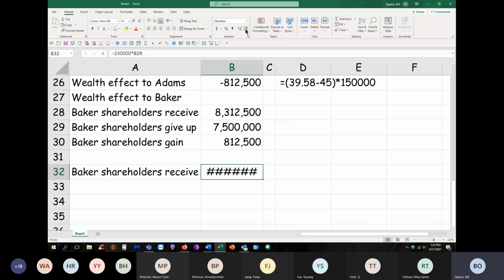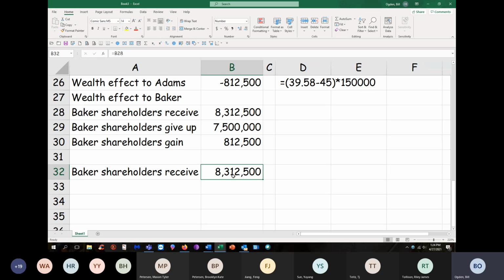Oh, did this add zeros to it? Let me see. Oh, what's going on here? Oh, my fault. I know what happened. Okay, that's on me. There we go. It was a calculation. That's why. My fault.